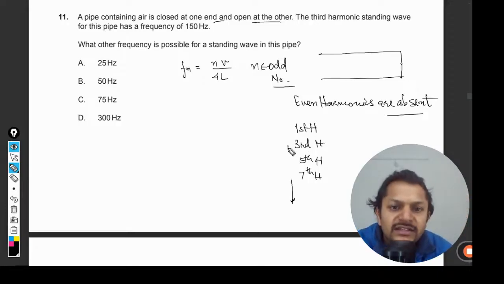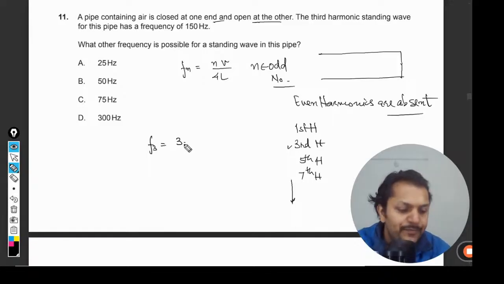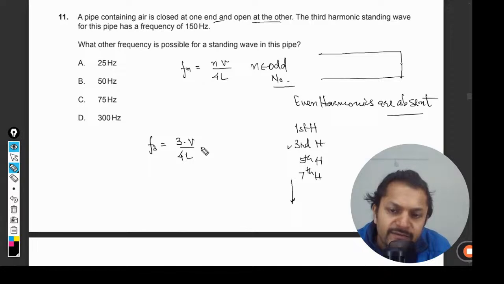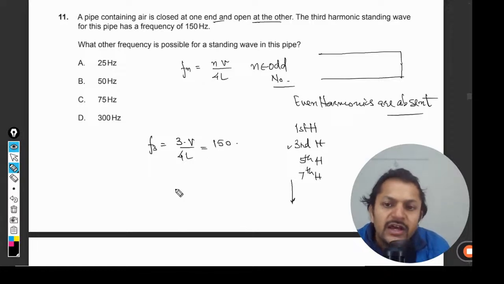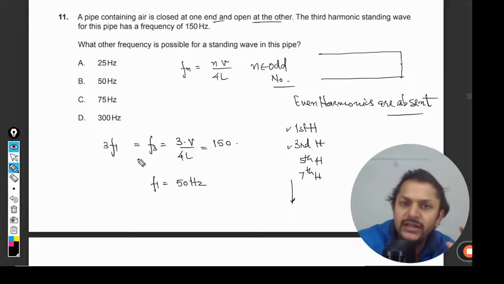It says that for the third harmonic, the frequency is 3 times V divided by 4L, and this value is equal to 150. So this will be equal to 3 times the fundamental frequency, that is the first frequency. Clearly, the first frequency will become 50 hertz, like 150 divided by 3.